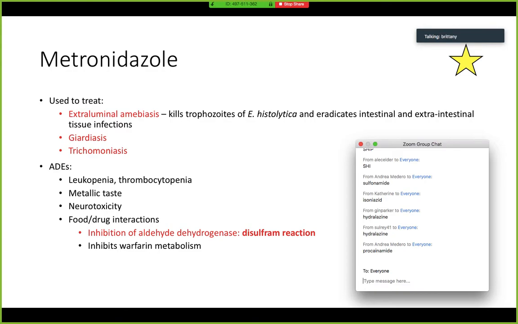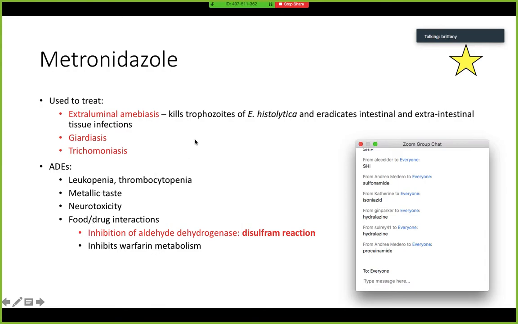I guess it's actually called a disulfiram-like reaction, because disulfiram targets aldehyde dehydrogenase, which converts acetaldehyde to acetate, I believe. So metronidazole is going to target this enzyme, and then you get a buildup of acetaldehyde, which has toxic effects.